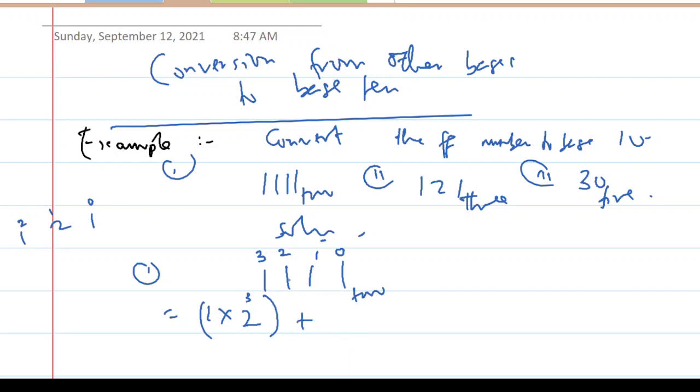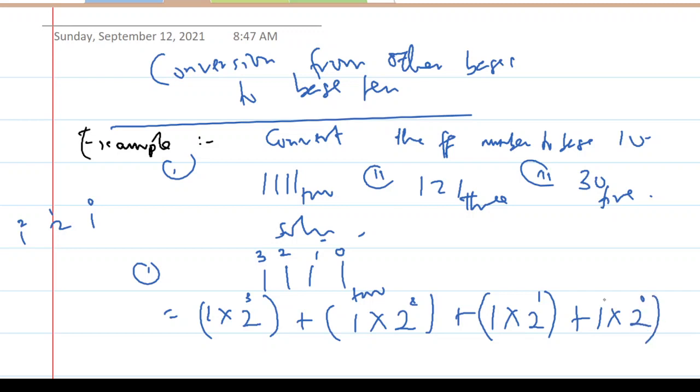Then plus, you take the second digit here, which is 1, multiply by your base, which is 2, raised to the marked number here, which is 2 again. Then plus, you take the third digit, that's 1 multiplied by 2 raised to power 1. Then you take the last digit, which is 1. Don't forget we are working in base 2, so you have 2 raised to power 0.